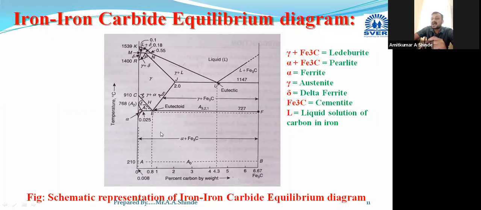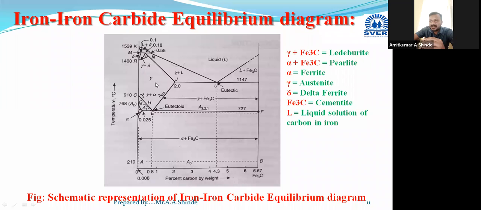Suppose when you have added one element, you can say aluminium. Suppose you have added aluminium, then what will happen? This temperature will fall. Eutectoid transformation temperature will decrease, and this A4 temperature, this inclined line, A4 temperature will increase. And what will happen due to this?